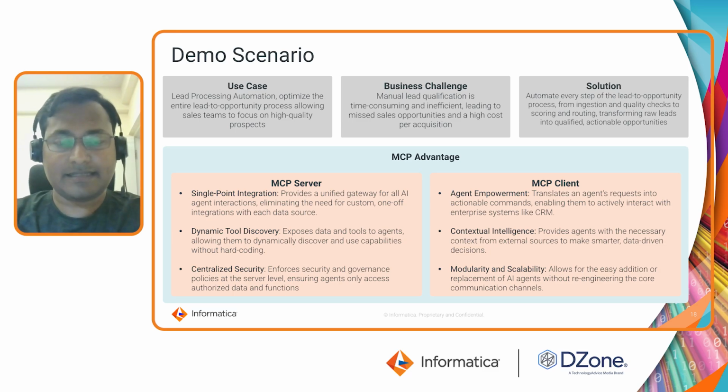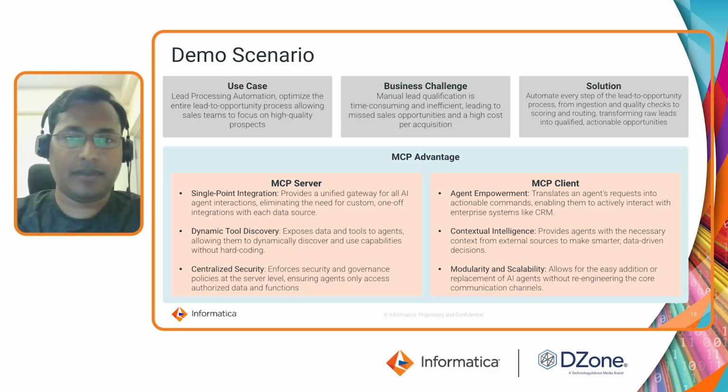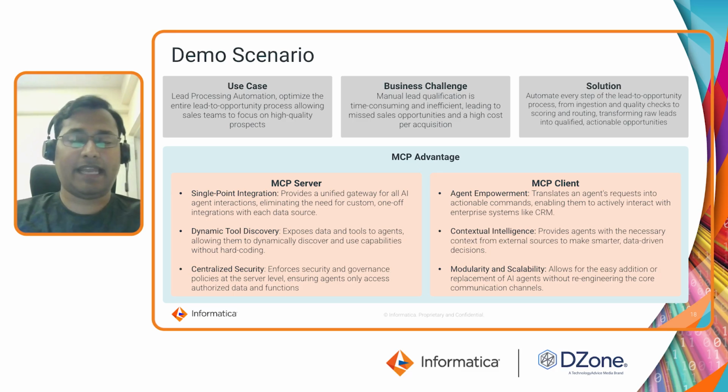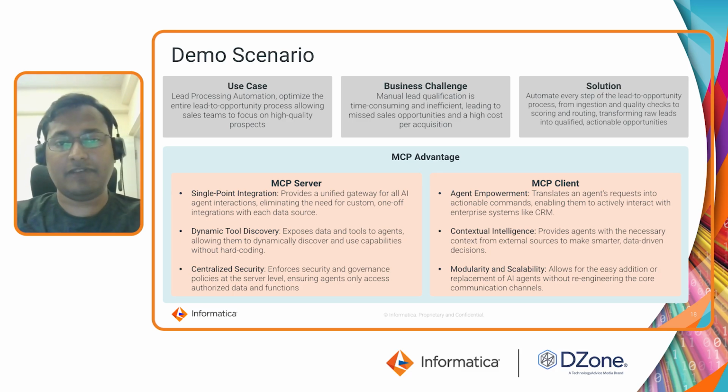In this demo, we have taken a very common problem that most enterprises, and especially sales organizations, face today. These salespeople get bombarded with a lot of leads from different channels, and it becomes really problematic for them to manage this huge number and identify the right lead that can be converted.